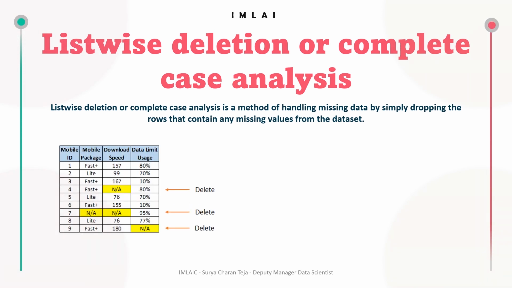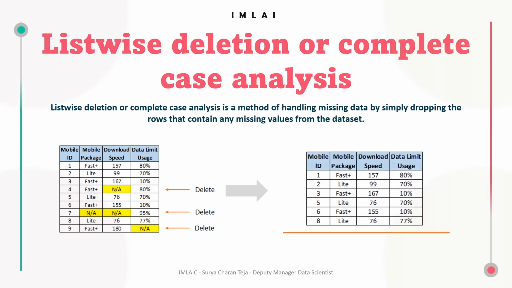This is our dataset, and it has an NA, not available value, in the fourth row, seventh row, and ninth row. After applying this method, you will have a dataset with those respective rows removed: the fourth row has been removed, the seventh row has been removed, and the ninth row has been removed.